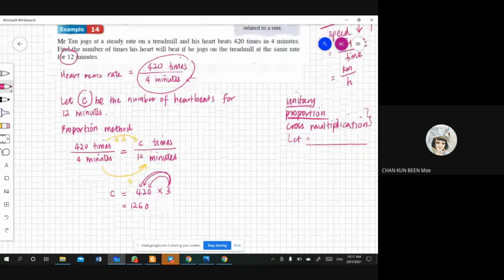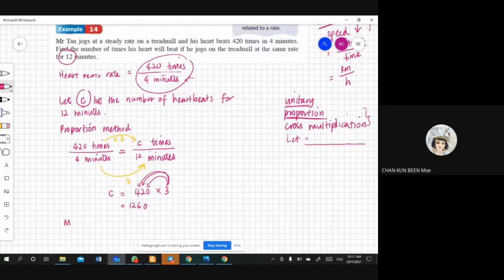Okay, so you can rewrite the answer over there. Mr. Tan's heartbeat is 1260 times in 12 minutes. Okay, so this is the proportion method.